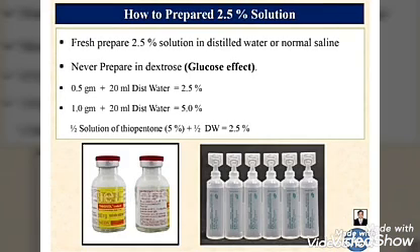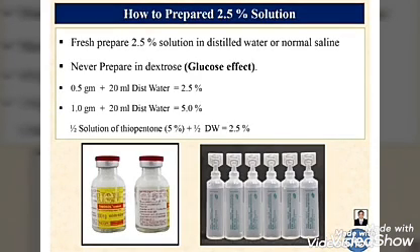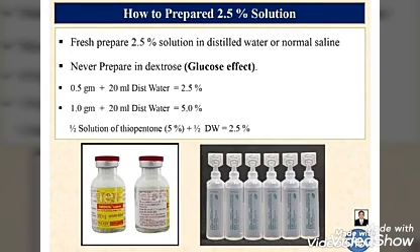This makes the 2.5% solution. For preparation of 2.5% from the 1 gram thiopentone vial, you would add 40 ml of distilled water. But in a 1 gram vial, it is not possible to add 40 ml of distilled water or NS. So how do we prepare the 2.5%?